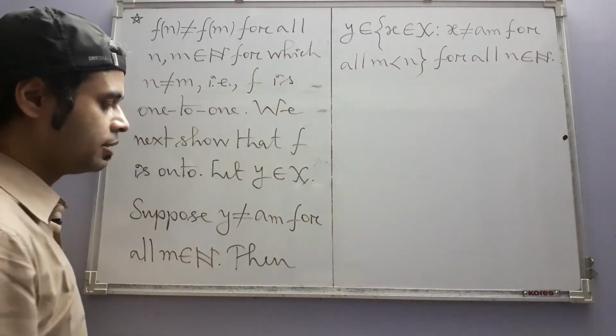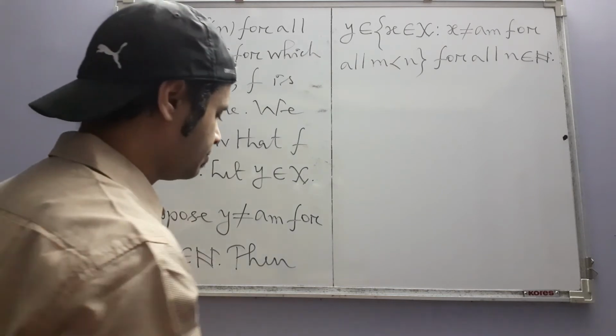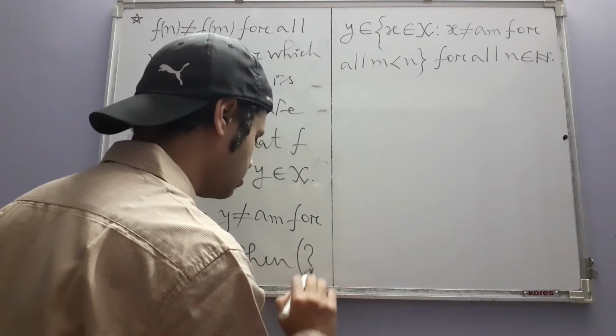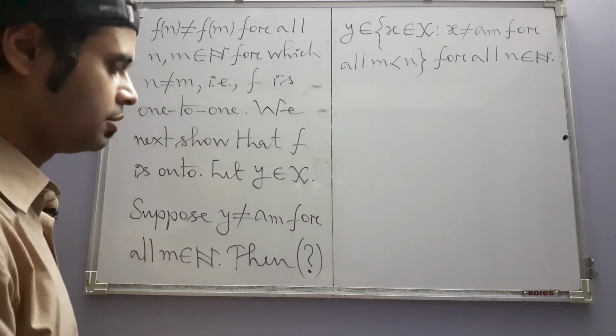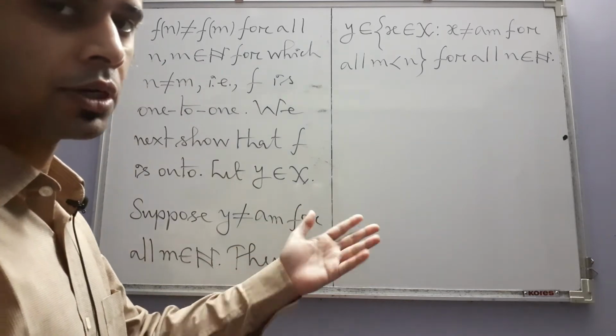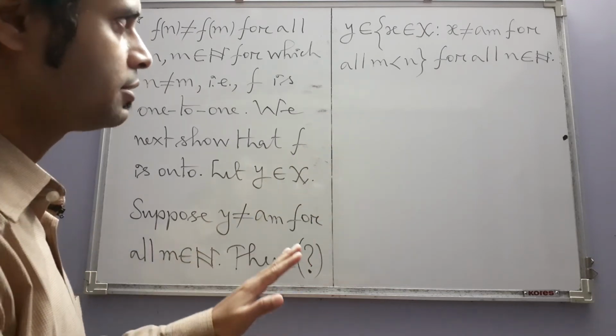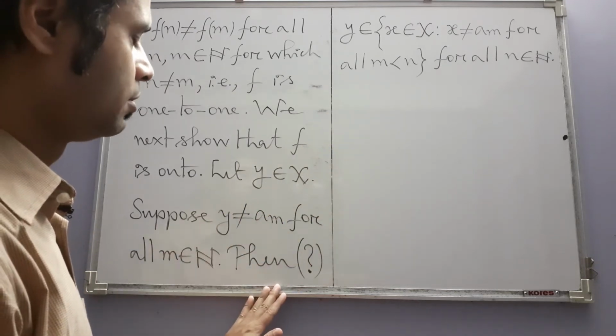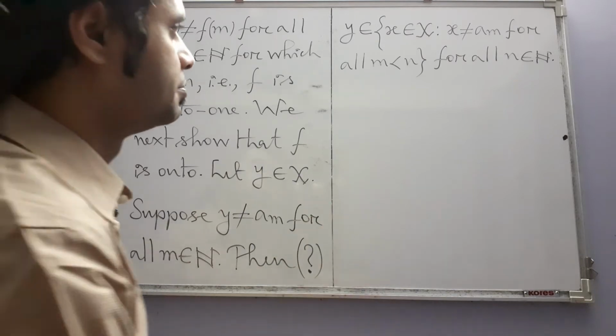The question is how and why, and that is another issue which we have to resolve later on. So right now we just move on. We assume that yes, this is the case, and so we can use it.